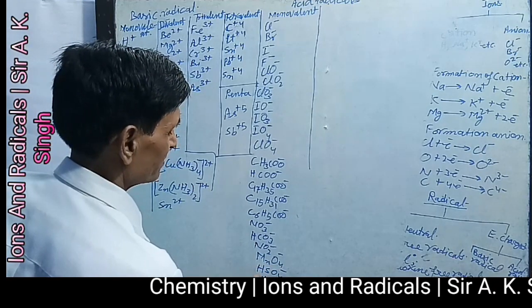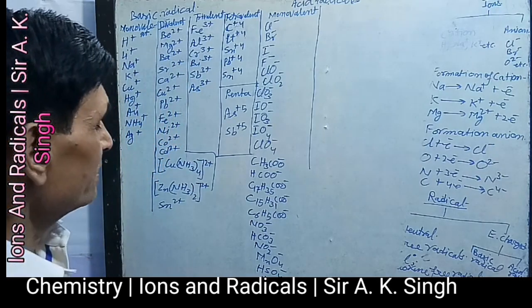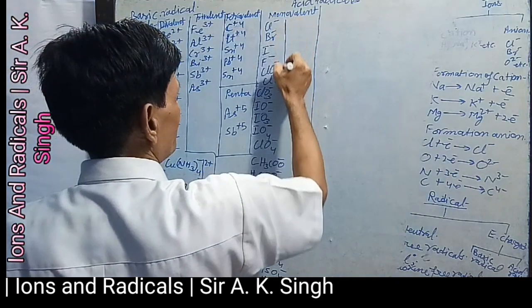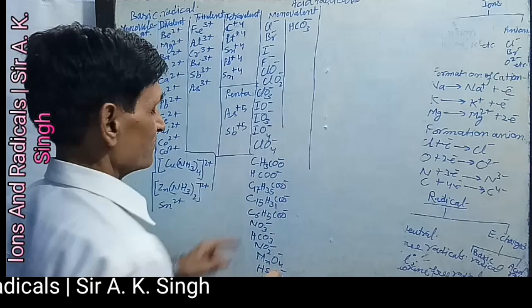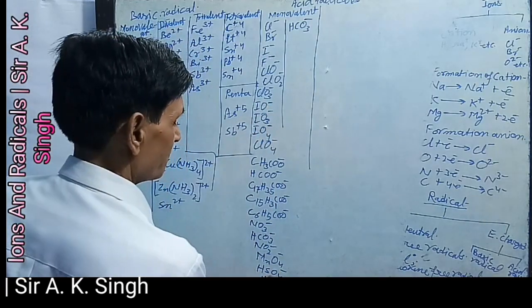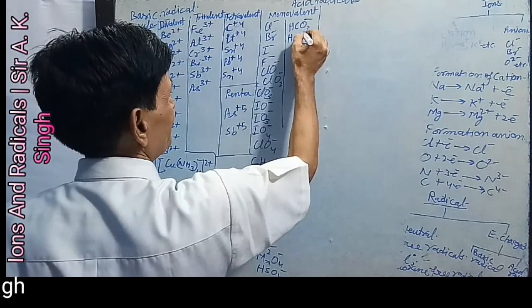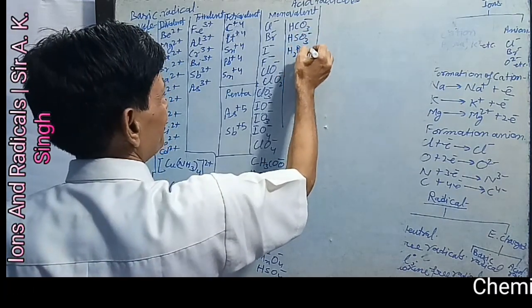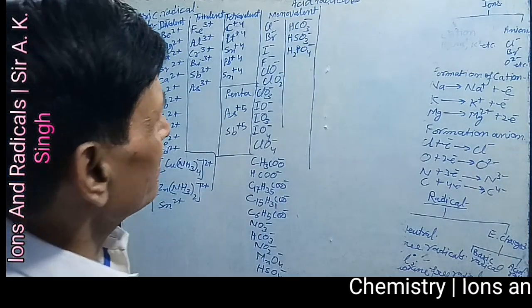Bisulfate having only one negative charge. Then like that there are many monovalent ones. Dihydrogen phosphate. Many examples are there.